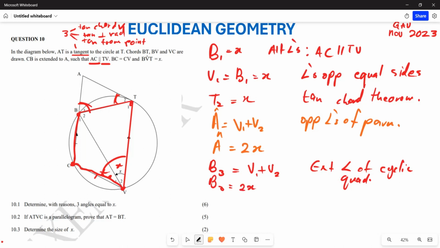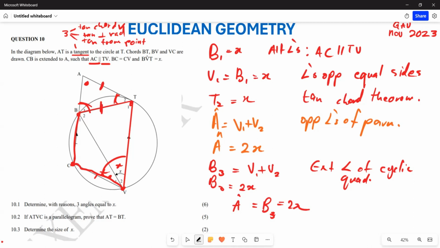Now that I know that, I can actually conclude that my angle A is going to be equal to my angle B3, right? My angle A is going to be equal to angle B3 because both of them are equal to 2x. So if this angle here and this angle here are equal, therefore I can conclude that the line AT and also BT are going to be equal, because equal sides subtend equal angles.